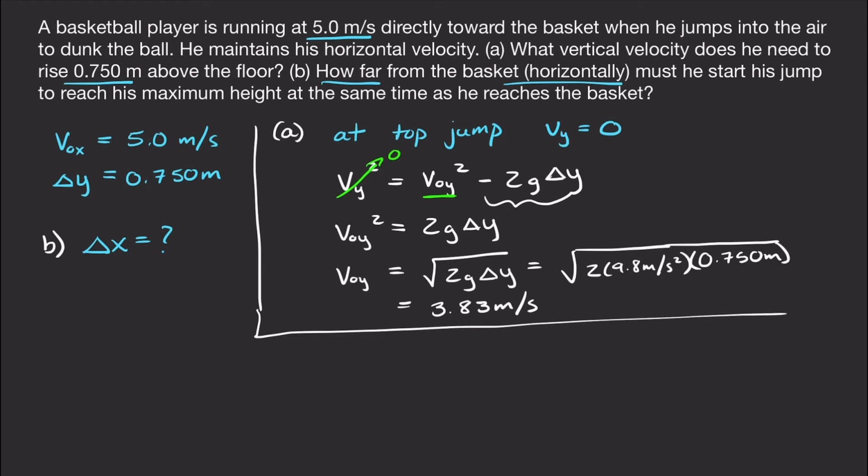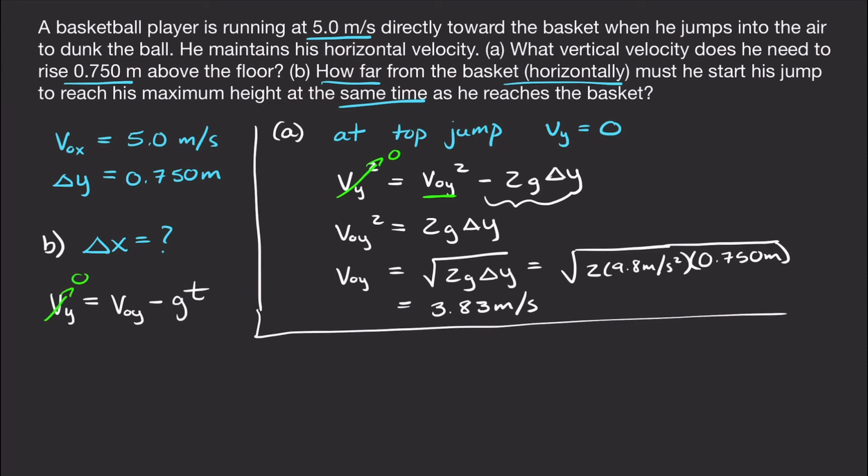So we need to know the time because it says the same time, but we don't know what that is. So the first thing I'm going to do is solve for time. Okay, and so I want to see if I can use my easy equation, Vy equals V naught y minus gt. I know at the top of his jump, Vy equals 0.